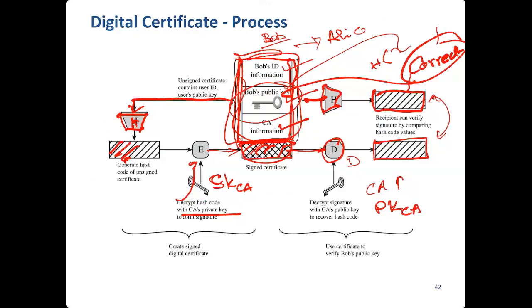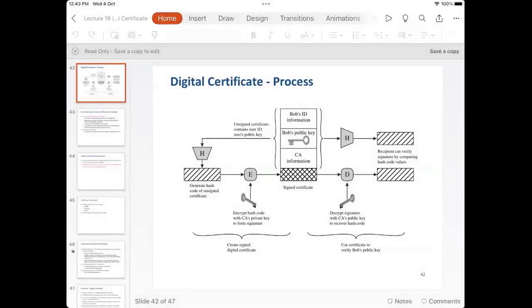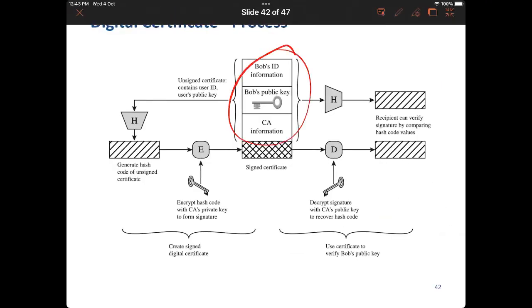Note that a certificate contains a lot of information in plain text and then a hash of some information which includes the public key. When the recipient receives it, all he does is look at the certificate, decrypt it, and compare it with the hash of whatever he has received, and if both match, it means that all this information he has received is correct.